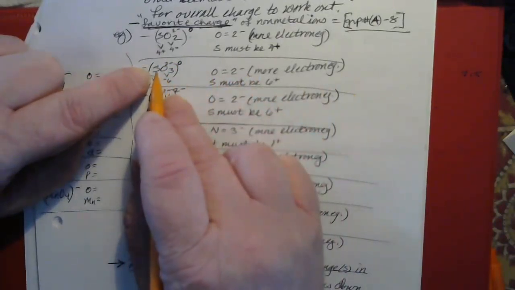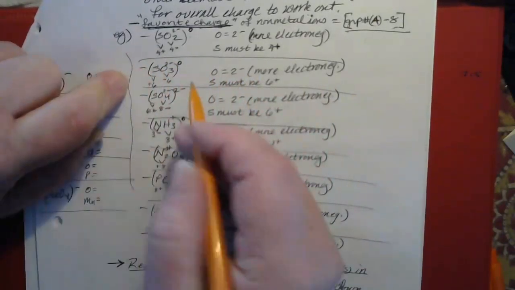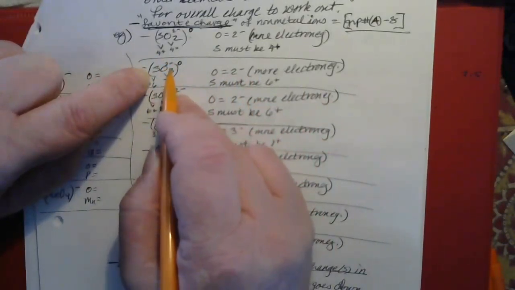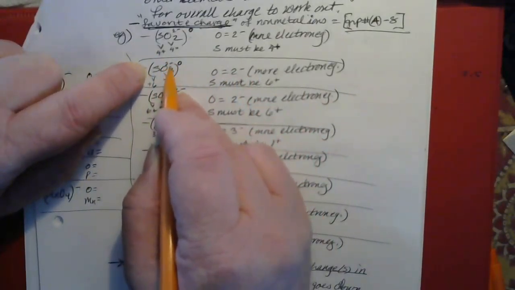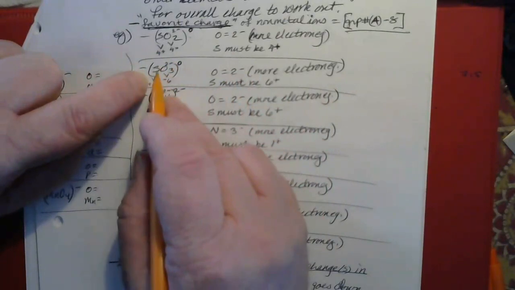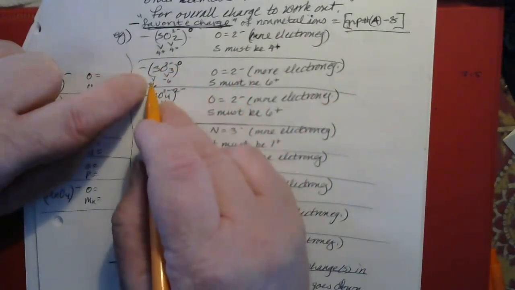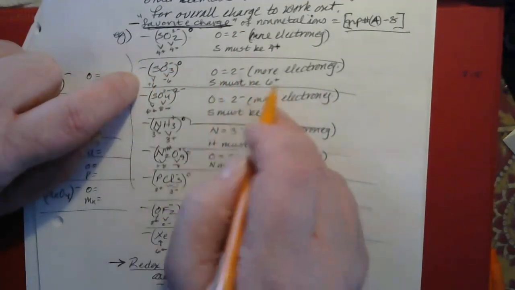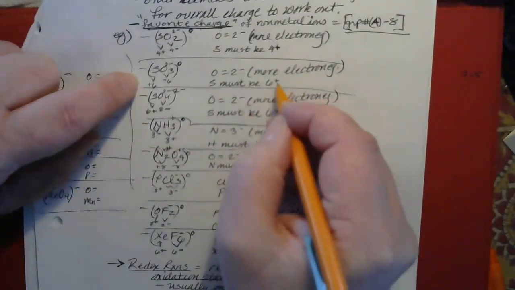And that leaves sulfur to be something else this time. So we're going to have to figure that out. If each oxygen is minus 2, and there are 3 of them, that would mean minus 6 for the oxygens collectively. And there's 1 sulfur to bring that back up to 0. So the sulfur here must be plus 6. And that's what it is.